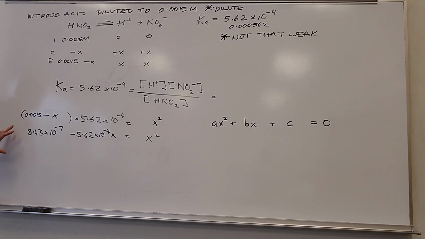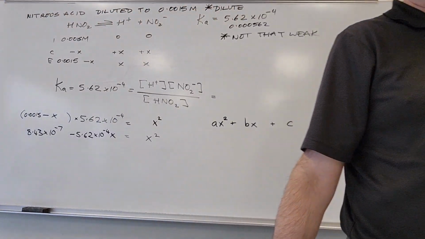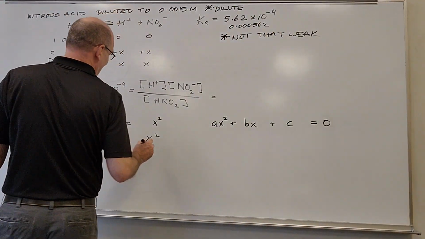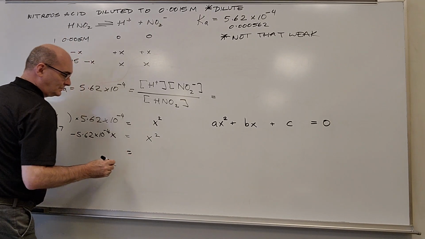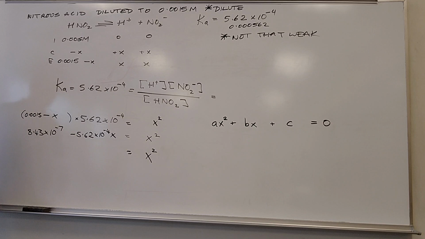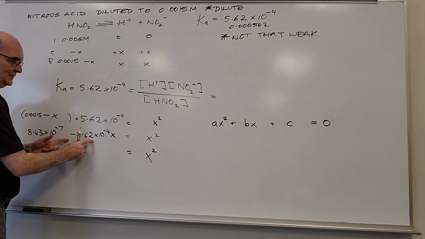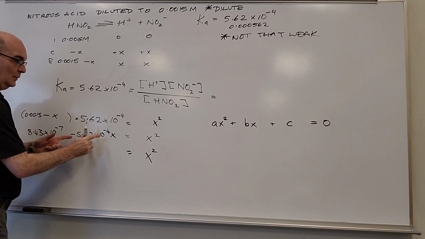Do I just shove them all on the other side? Kind of, but not really. You have to subtract or add them. So I can just leave the x squared where it is, and then I'll move this over.